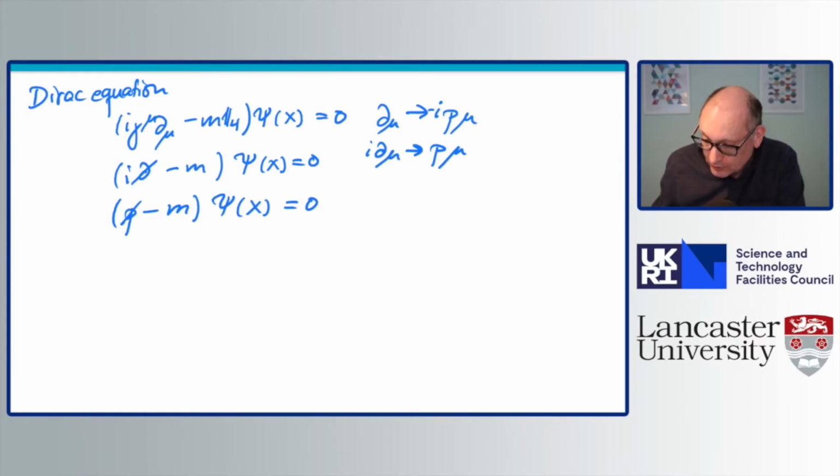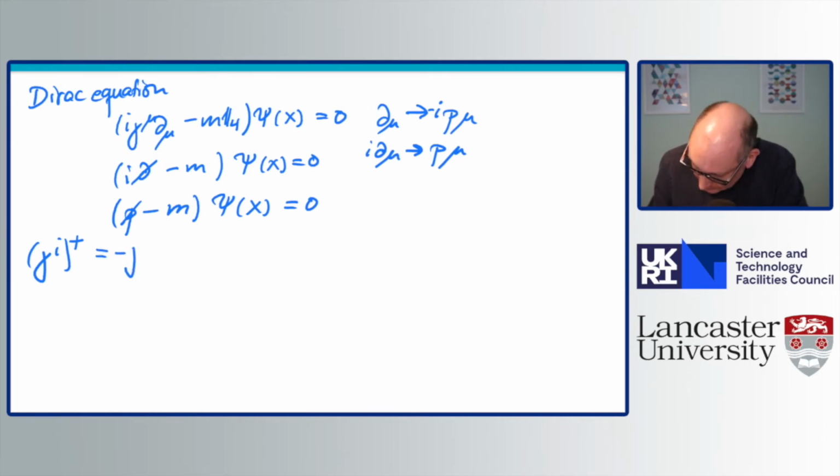Now, in order to get the Dirac equation for antiparticles, let's try what happens with the Hermitian conjugate of the Dirac equation. Now, for the Hermitian conjugate, we have to remember that gamma i Hermitian conjugated is minus gamma i.